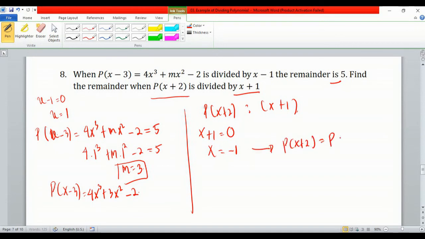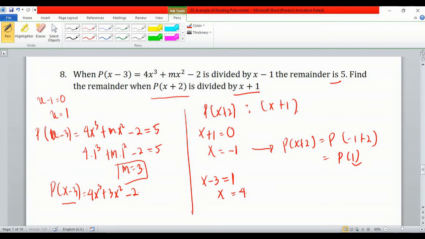So this one is p(minus 1) plus 2. It's equal to p(1). So we need to find what is p(1). So the next step, we should decide the value of x such that it equals p(1). Here, we want to make x minus 3 equal to 1 because we want to know what the x is there. So here, x equals 4.